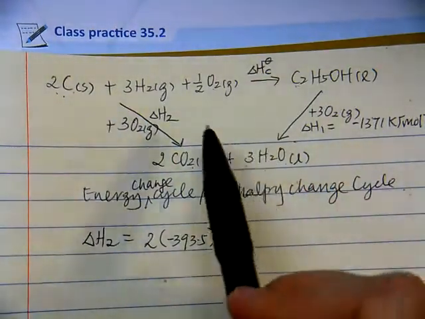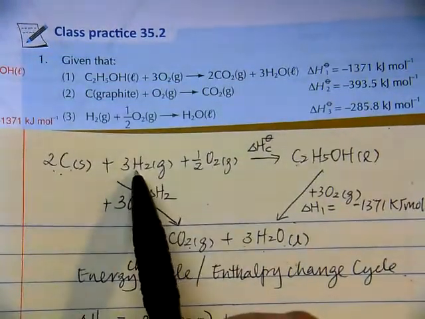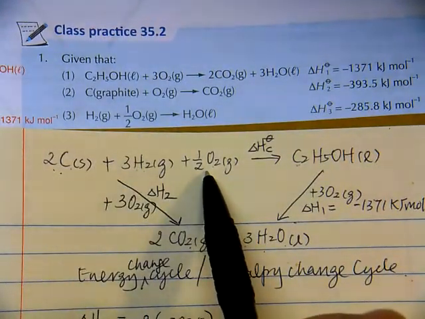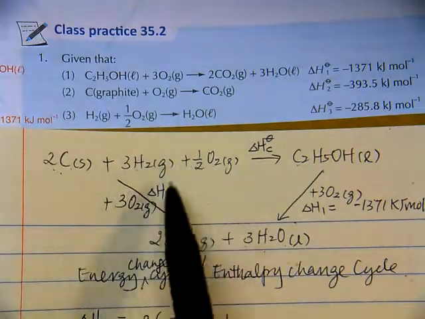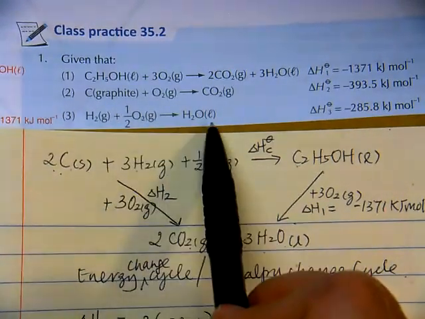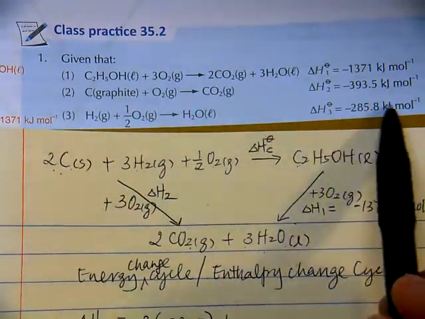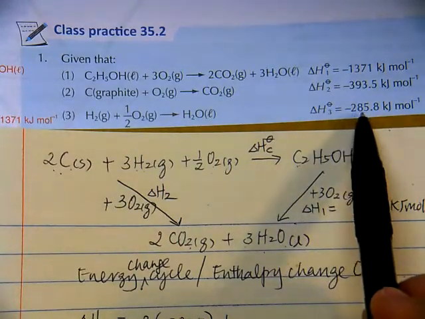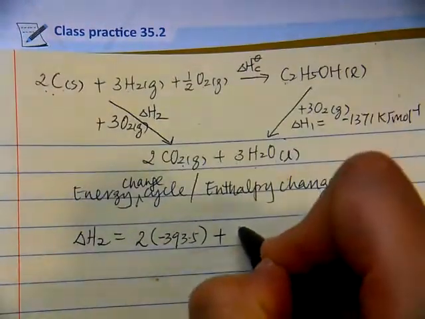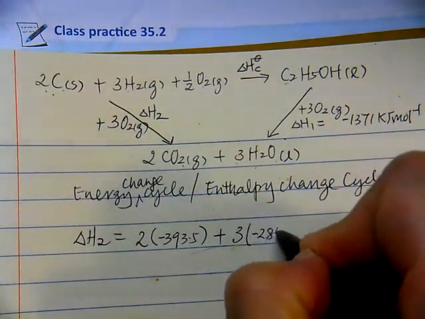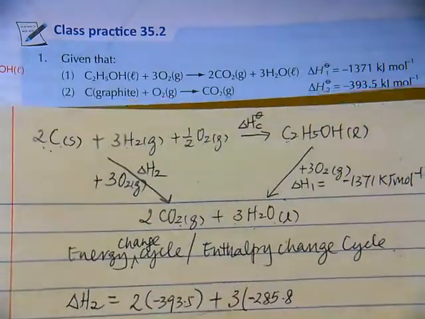And then another part, we have hydrogen, okay? We react with oxygen. Altogether we have 3 moles of water. According to the definition, when 1 mole of water is formed, delta H is equal to negative 285.8. Now we have 3 moles, so 3 times negative 285.8.